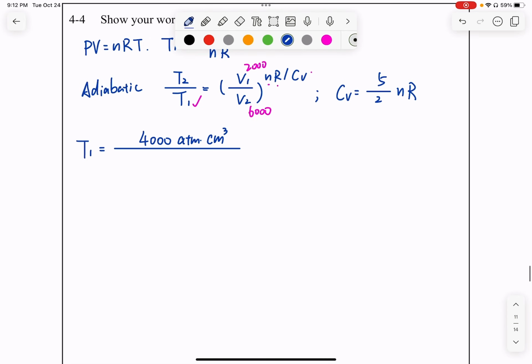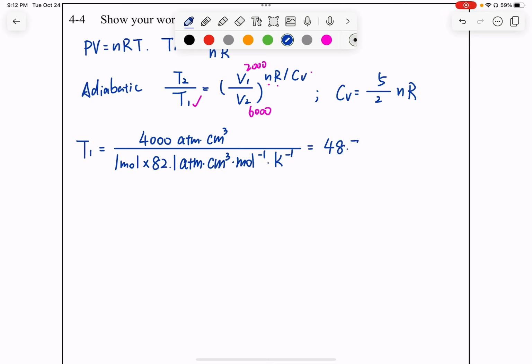So let's plug in that one more, R, because we have atm cm³, we want to use our correct gas constant. Right. So plugging in numbers, we have 48.7 Kelvin.